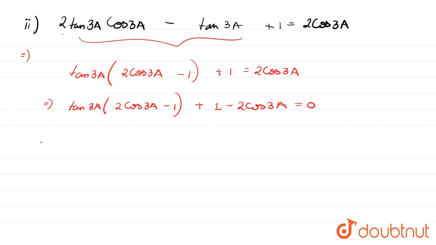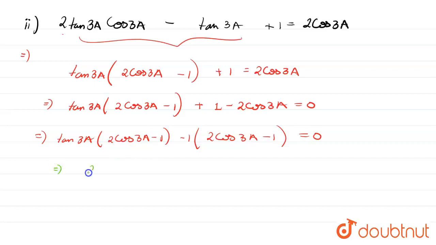Now tan 3a multiplied by 2 cos 3a minus 1, and we will take minus 1 common from here. So we will be left with 2 cos 3a minus 1 is equals to 0. Now we will take 2 cos 3a minus 1 common.